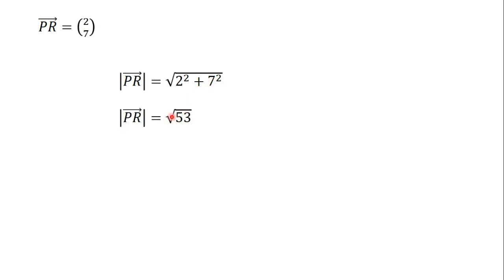And this will give us square root of 53. If you find square root of 53 on our calculator, we are going to get 7.2 point something, then a lot of decimals. We are rounding this to one decimal place, so it will give us 7.3. We don't know the units here, so we have 7.3 units.